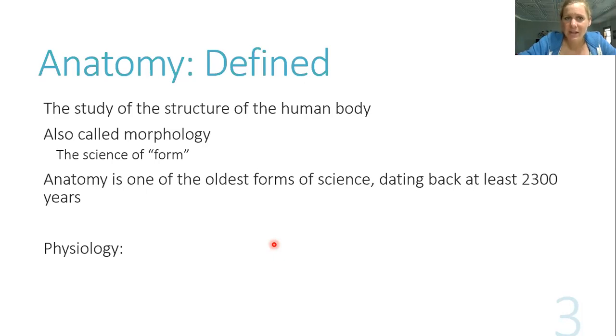So again, this was something that was super interesting to people a long time ago, and very intriguing to them. Okay, the difference between anatomy and physiology. Physiology is the study of how things work. So how do those systems work? How does the body utilize each of those components or parts in order to complete a particular task? Anatomy is the structure, physiology is the function.